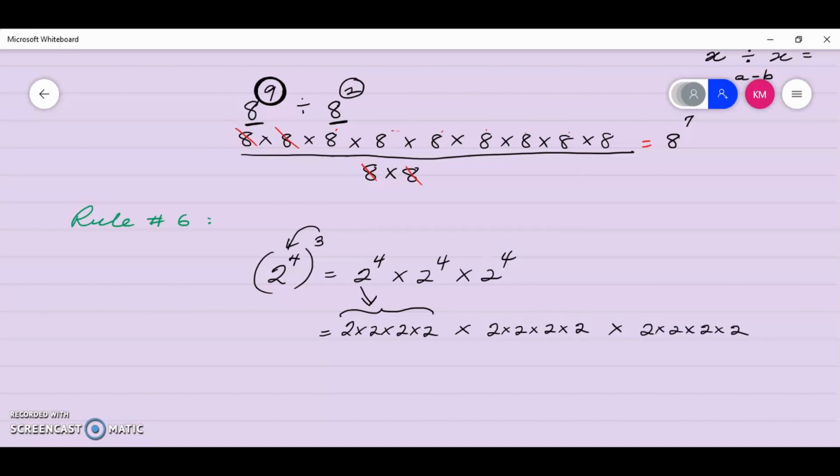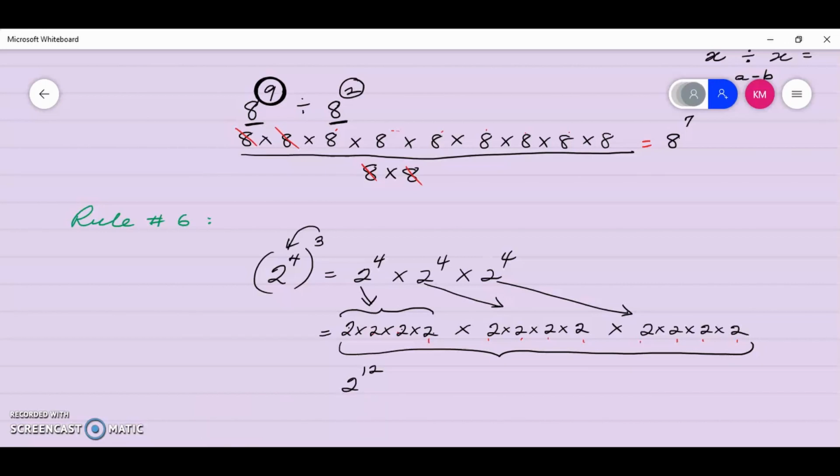So we have this 3 times, and in total, if we look, how many times are we actually multiplying 2 by itself? 1, 2, 3, 4, 5, 6, 7, 8, 9, 10, 11, 12. So we are actually multiplying 2 by itself 12 times.